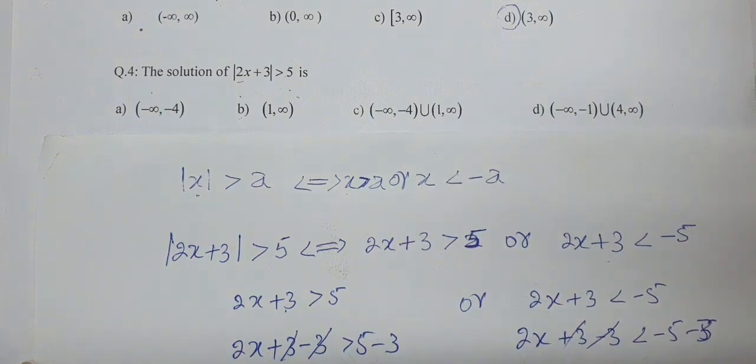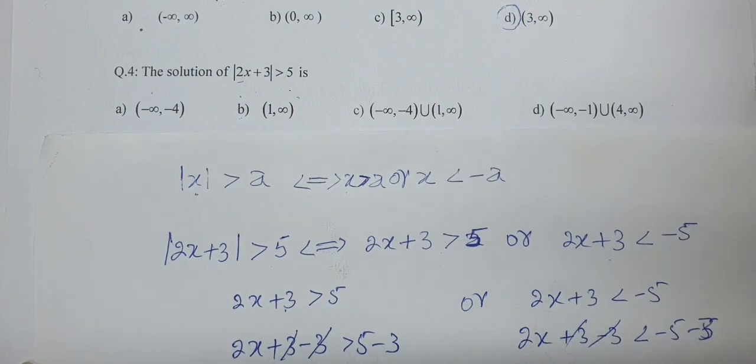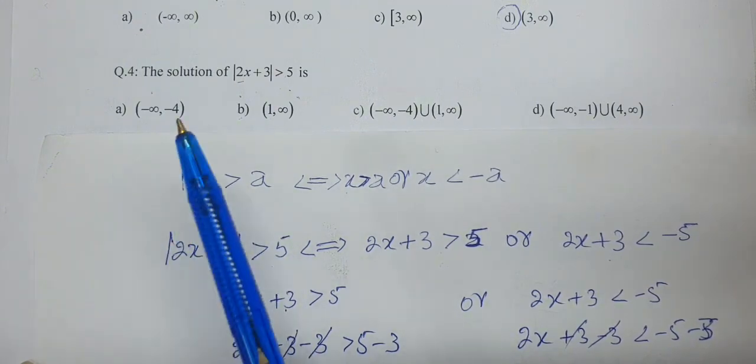And now again we need to remove this 2, so we get x less than negative 4. So now both of these are the solution of this inequality.